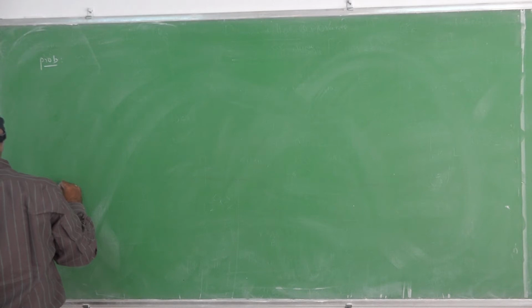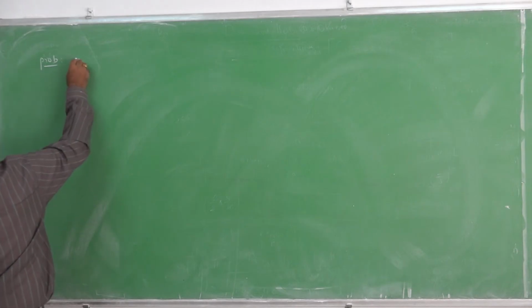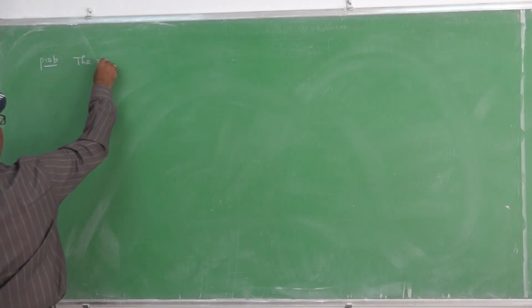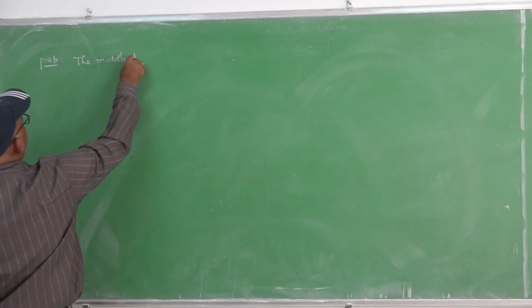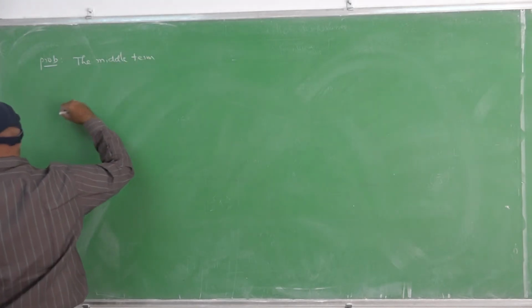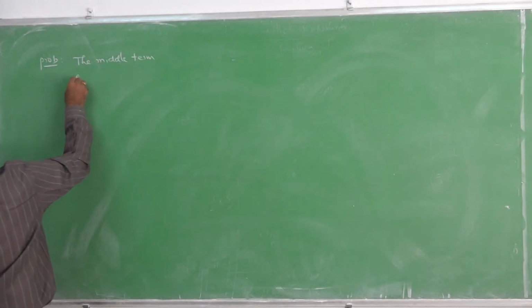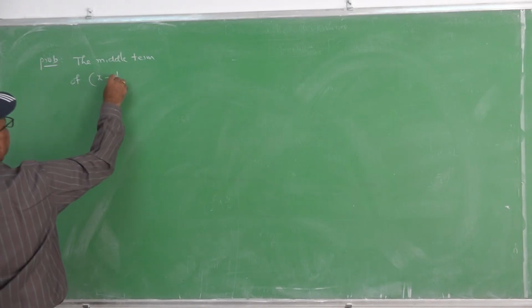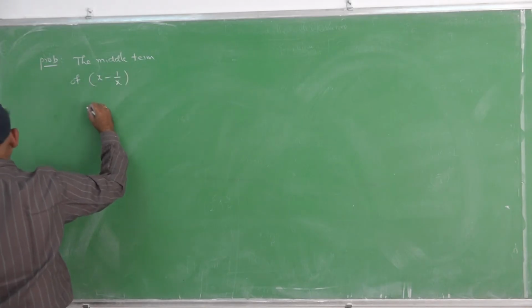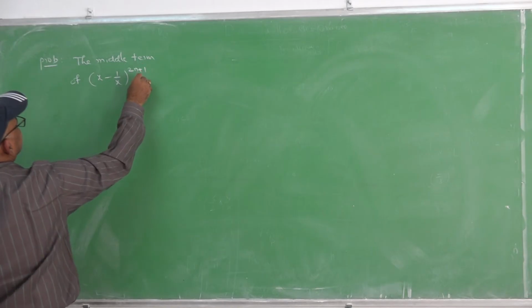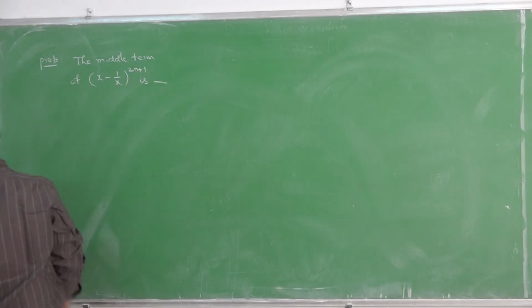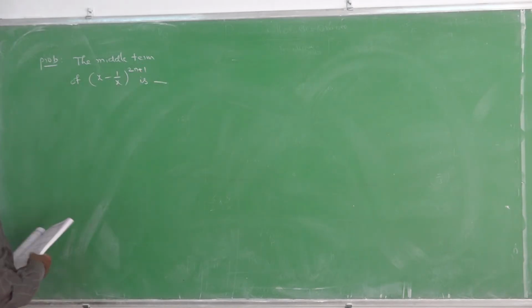Finding of the middle term. The middle term of x minus 1 by x whole power 2n plus 1 is the middle term of the expansion.